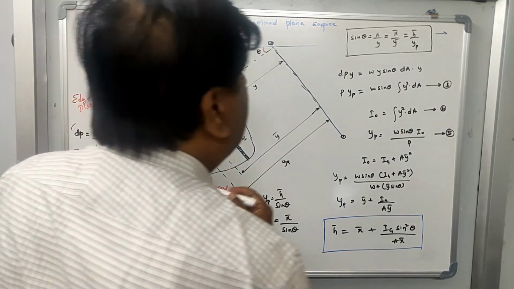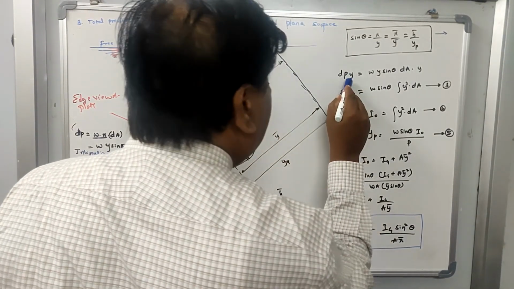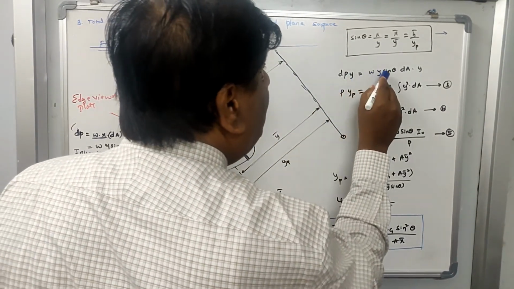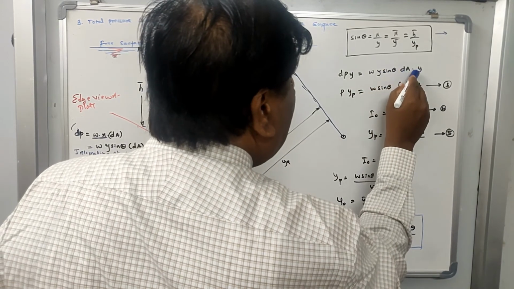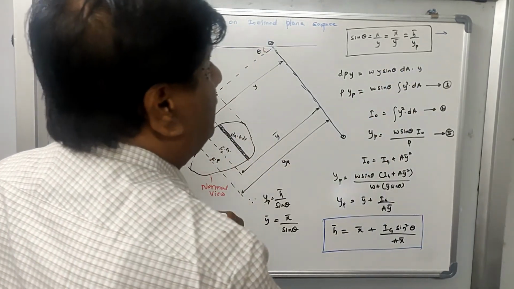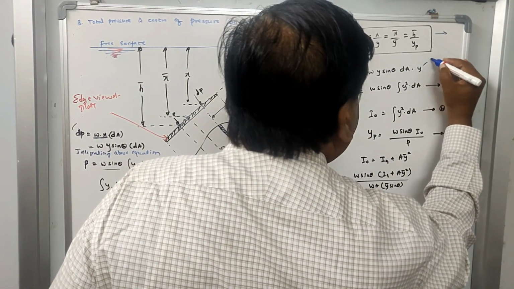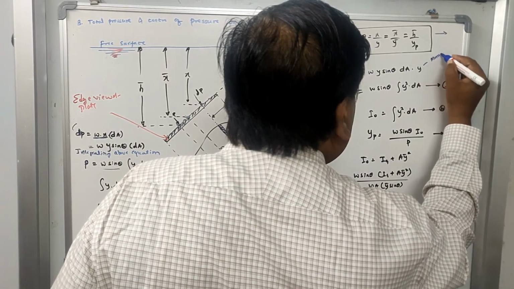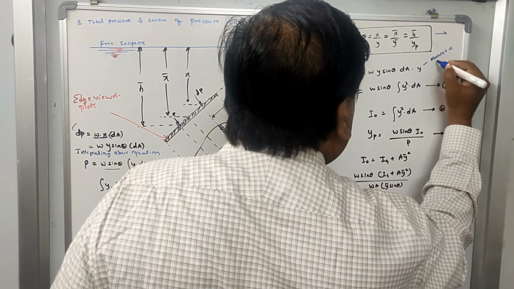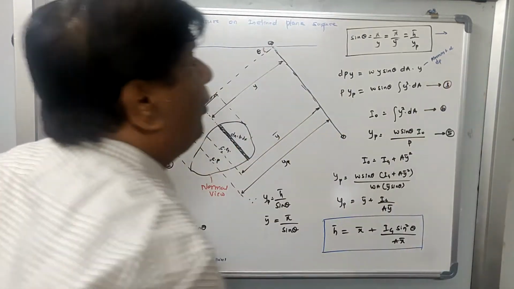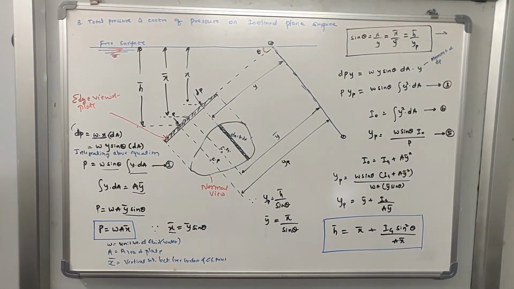That is W sin theta dA into y. So now this is the moment of dP about the axis OO.